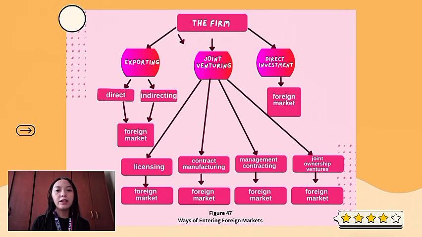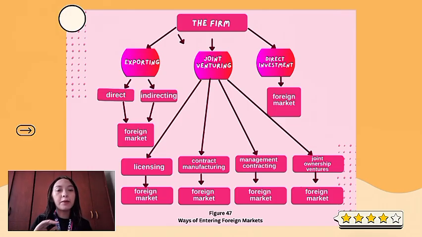As you can see in the chart, in the figure, there are connections or processes showing the ways of entering foreign markets. The firm, which is the business, branches into exporting, joint venturing, and direct investment.